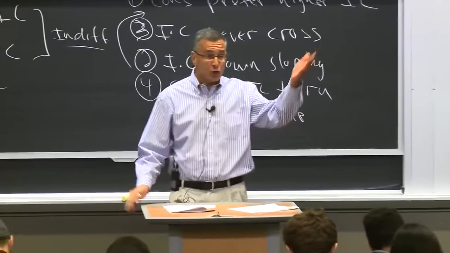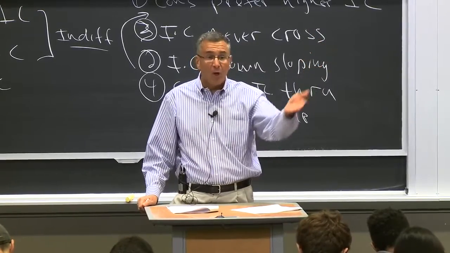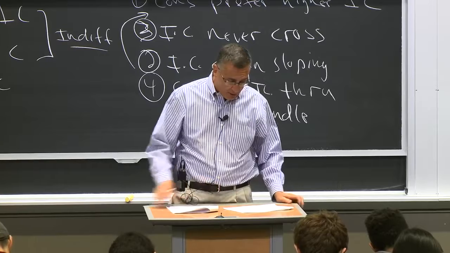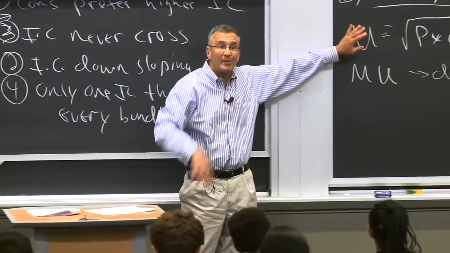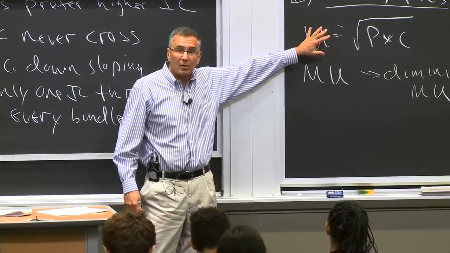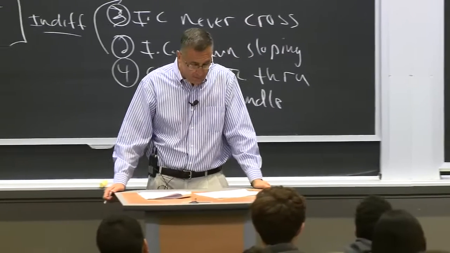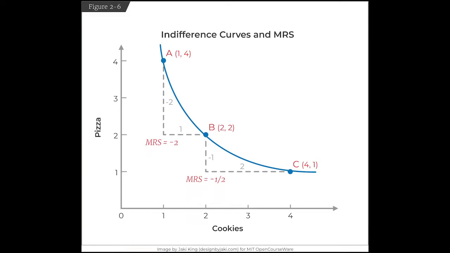Literally, the indifference curve tells you the rates you're willing to substitute. You just follow along and say, look, I'm willing to give up. So in other words, if you look at figure 2.6, you say, look, I'm indifferent between point A and point B. One cookie and 4 slices of pizza is the same to me as 2 cookies and 2 slices of pizza. Why is it the same? Because they both give me utility square root of 4, right? So given this mathematical representation, I'm not saying you are, but given this representation, you are indifferent between point A and point B. So what's the slope of the indifference curve?